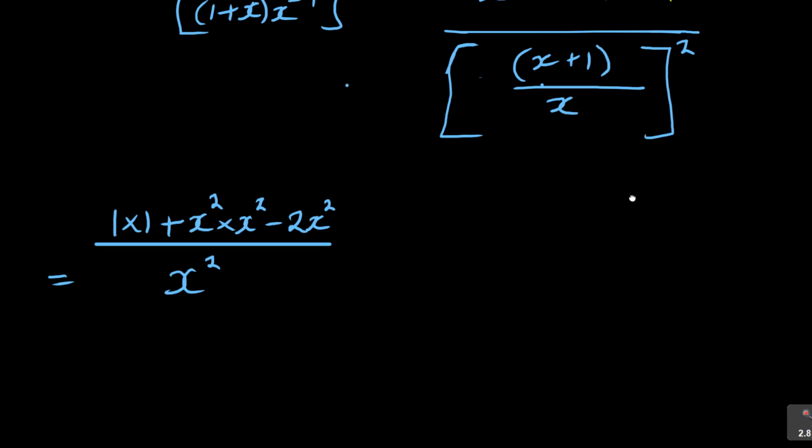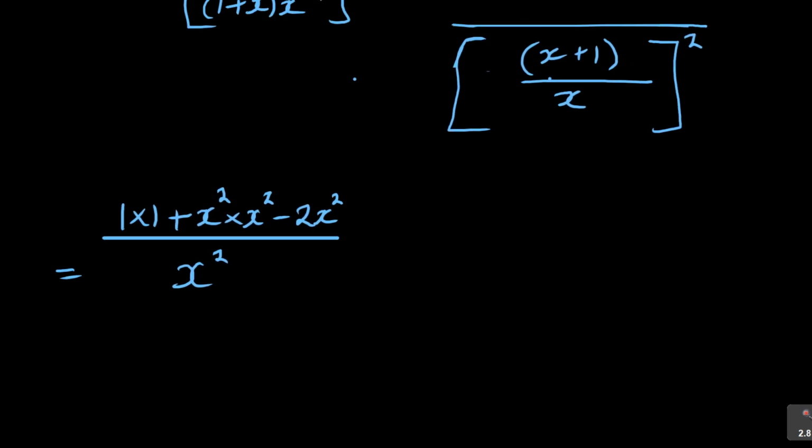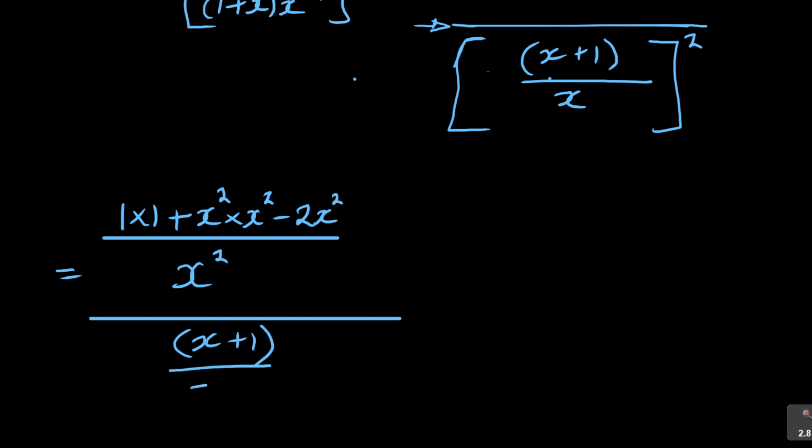And then what you do, you say over this big division line, that is our division line there. Okay, so over, you do the same thing here. Remember, you've got x plus 1 over x.